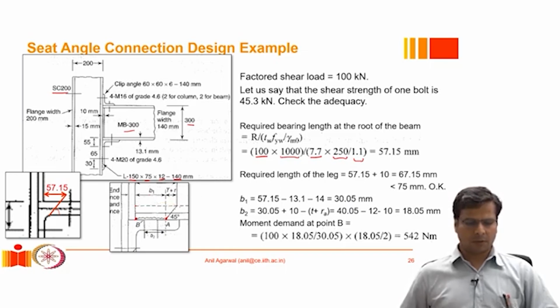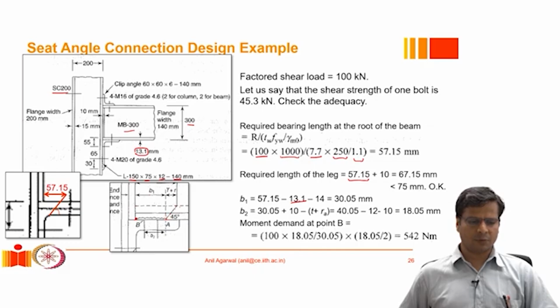Now, since we know that the area over which this stress is acting spreads from here to here at an angle of 45 degrees, we will take this 57.15 and remove the 13.1 millimeter. What is 13.1 millimeter? 13.1 millimeter is the thickness of the bottom flange of this beam.